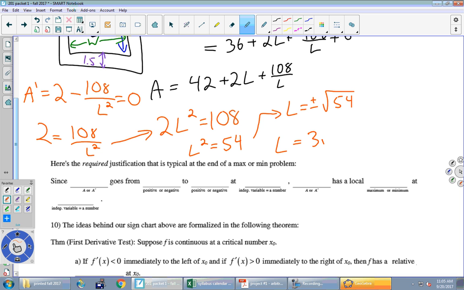I think it's 3 root 6. I think that's okay. And just to be really concrete, as a decimal, 7.35, okay.